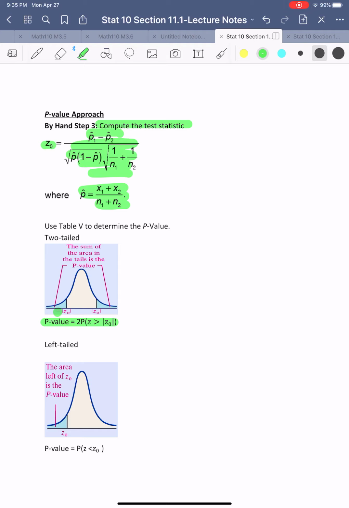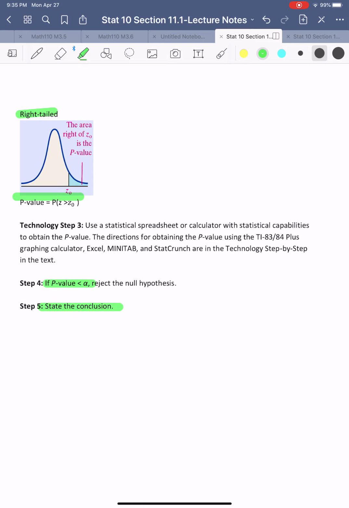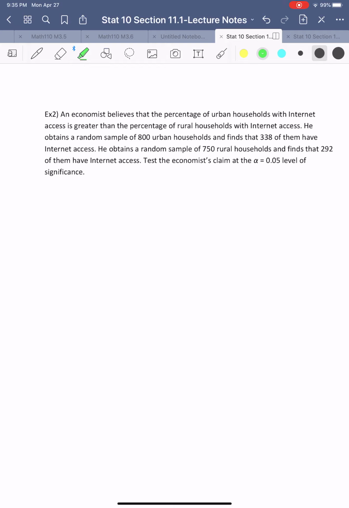The p-value for the left tail is going to be the probability of z less than z sub 0, and for the right tail, we are using this form. You can also use technology to find it. Then step 4, if the p-value is less than alpha, we reject it, and then we state the conclusion as step 5. All right, so let's get to the problem.